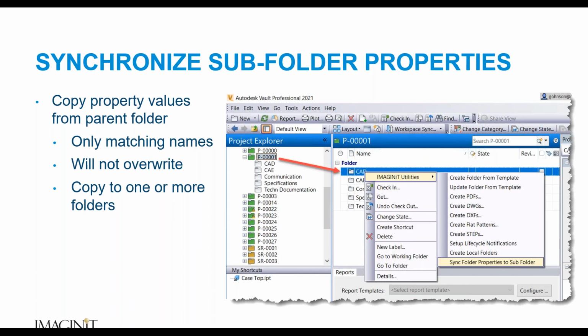The key thing here is to make sure that all of the property names are matching. Only the names that match are going to get written into. And you don't have to worry about overwriting. If your subfolders already have a value, say in project number, this synchronize will not overwrite. If you have something there, it'll keep it. And if not, if it matches, then we'll take it on from the parent.